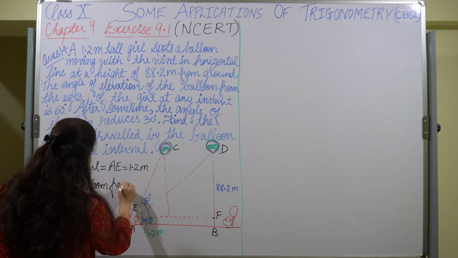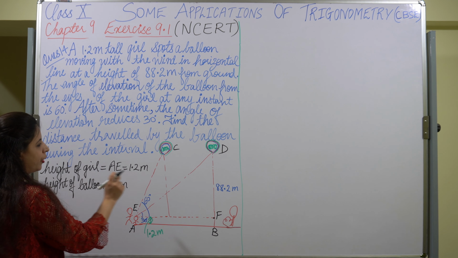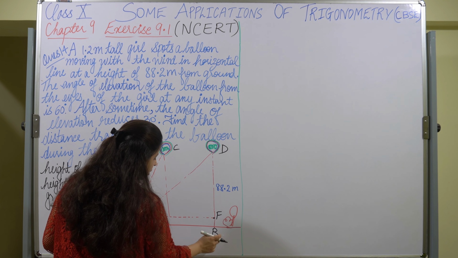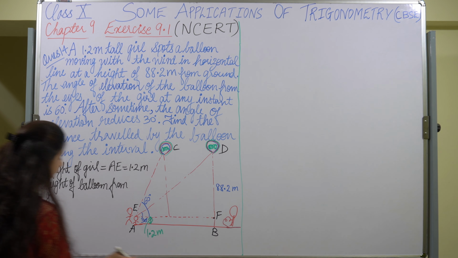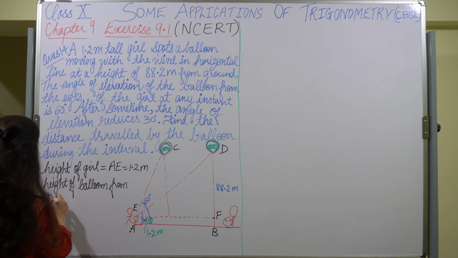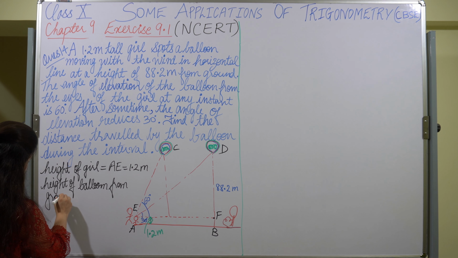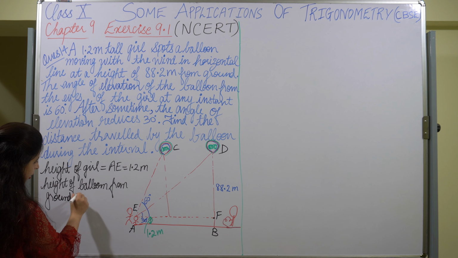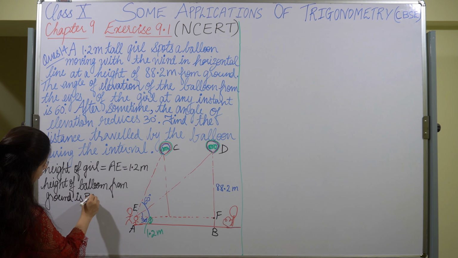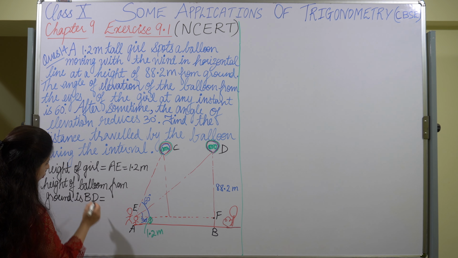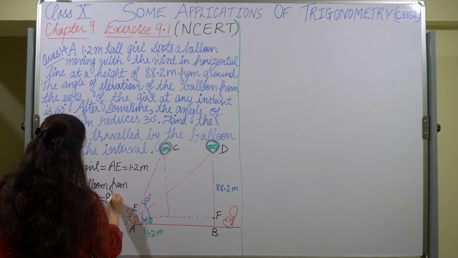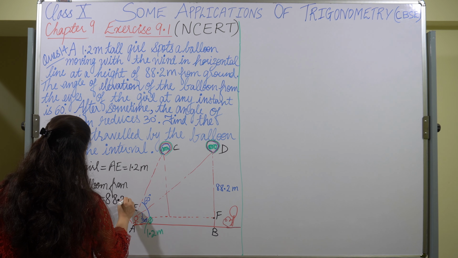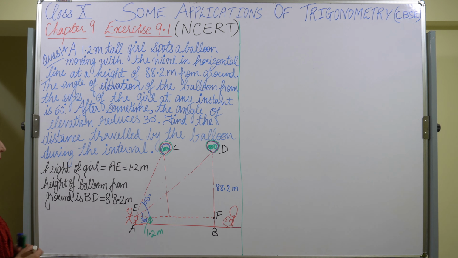From the ground it is BD, which is equal to 88.2 meters.